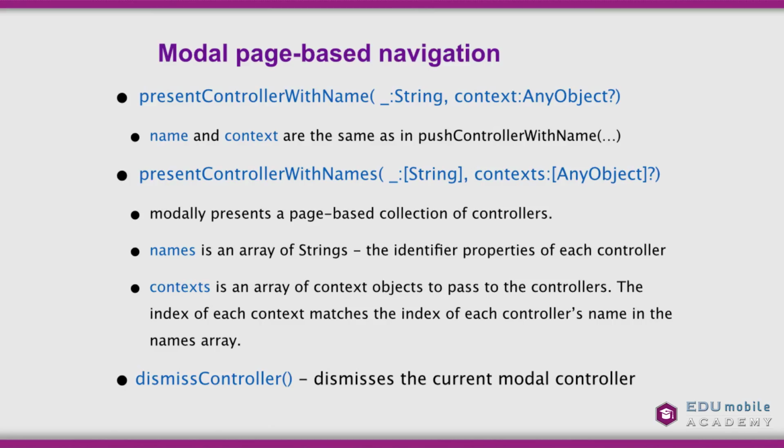Context is an array of any object that we want to pass to those controllers. So the context array, their indices match the indices of the names in the names array. So the controller that is at index 0 in the names array will have the context at index 0 passed to it. dismissController dismisses the current modal controller, or dismisses the current modal group of page-based collection controllers.